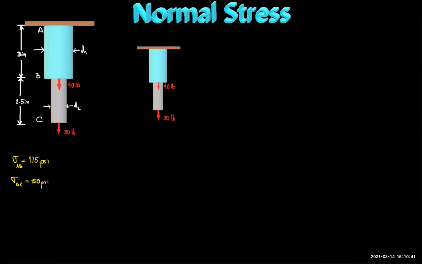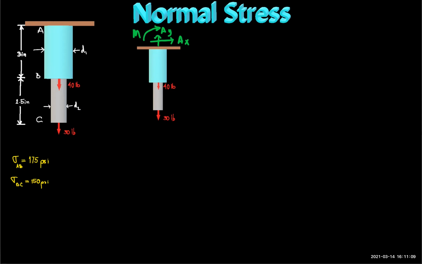Since this structure has only one support, which is a fixed support at point A, we will only have the reaction forces at point A. Those reaction forces are A sub y, A sub x, and the bending moment.